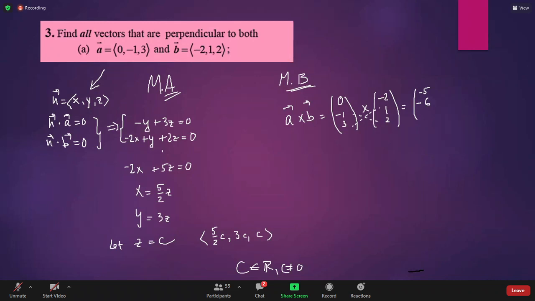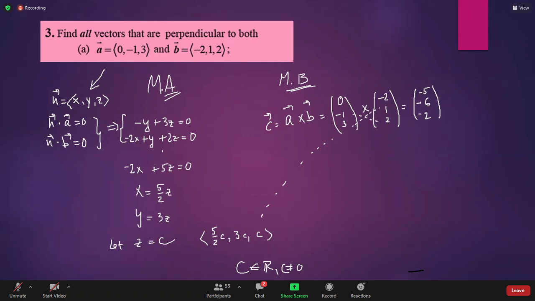Now, if we compare this, we can see that if we divide the vector product C by negative 2, we get something like this. So for C equal to minus 2, we get this value particularly.